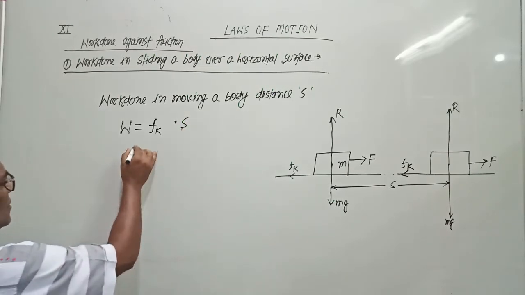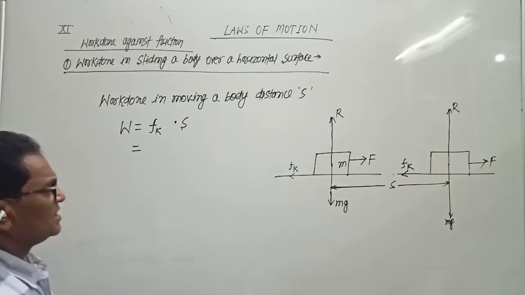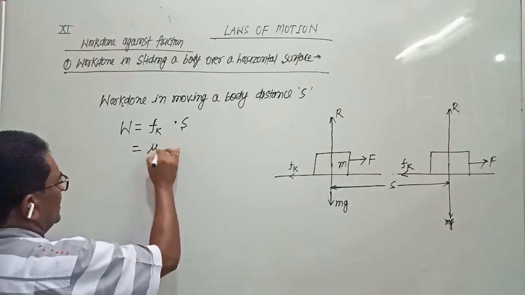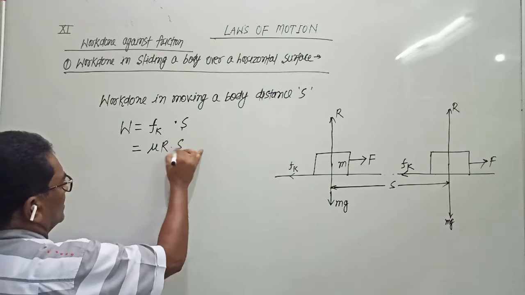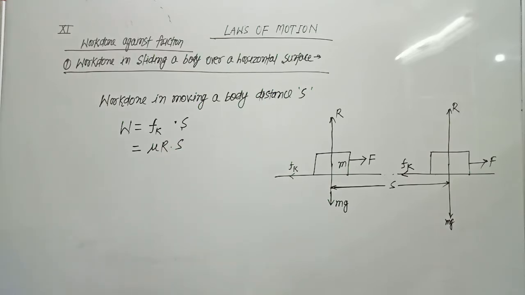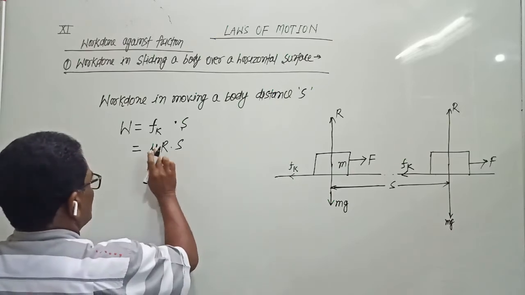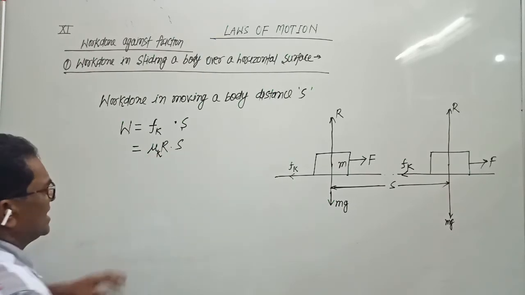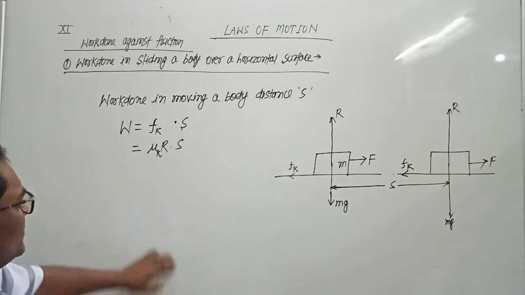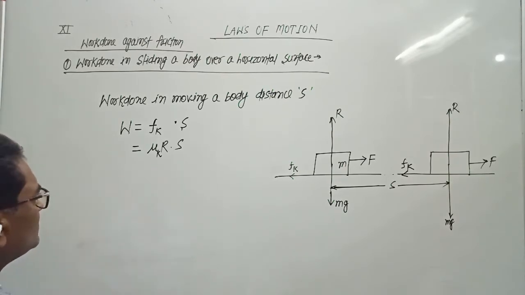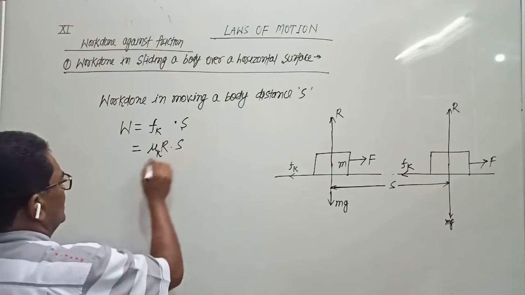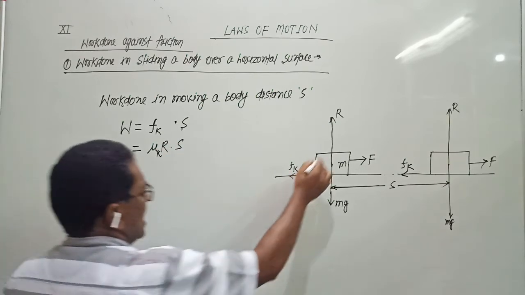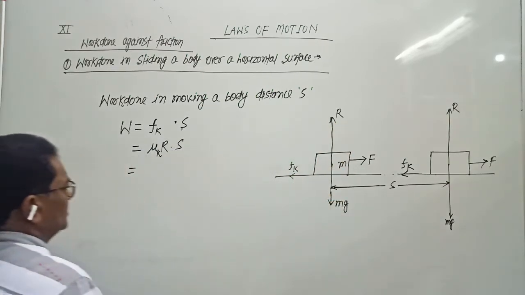And we know that force of friction is given by mu into R. So work done equals mu K into R into S, where mu K is the kinetic coefficient of friction. And we know R equals mg.